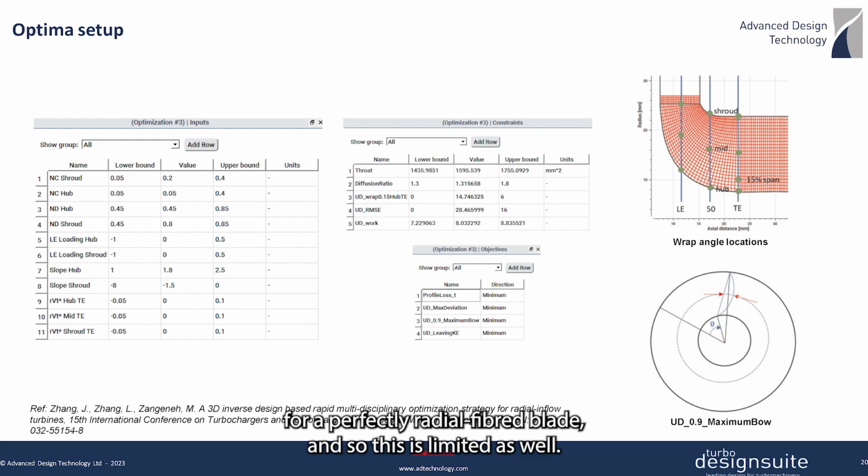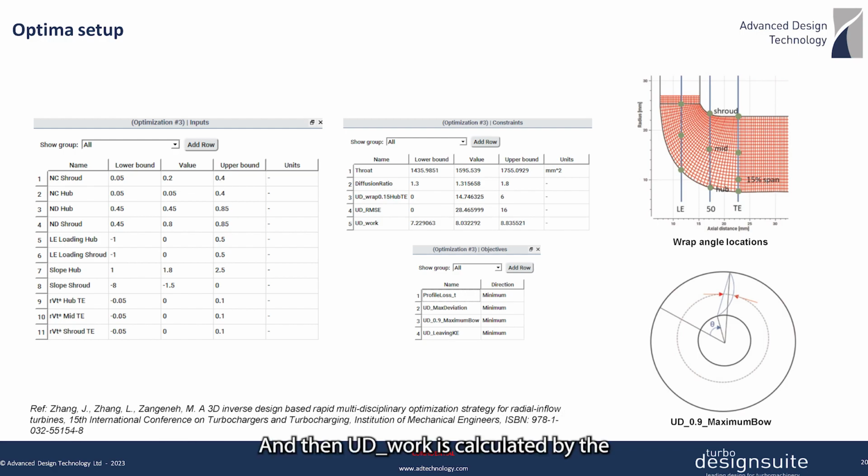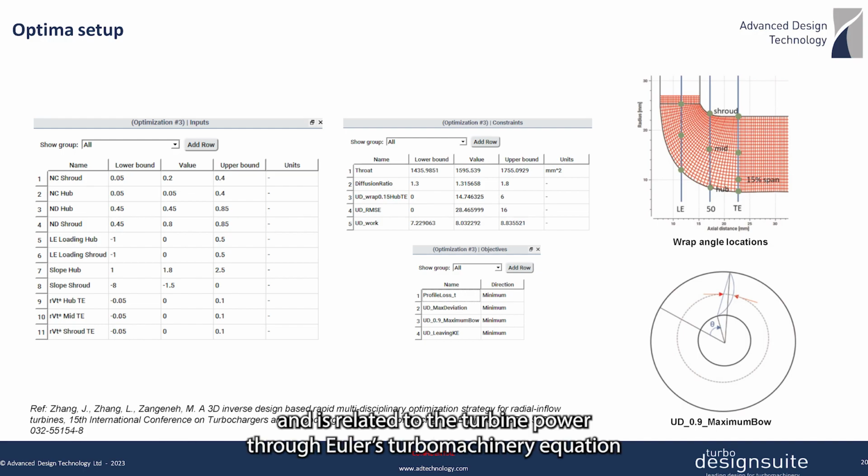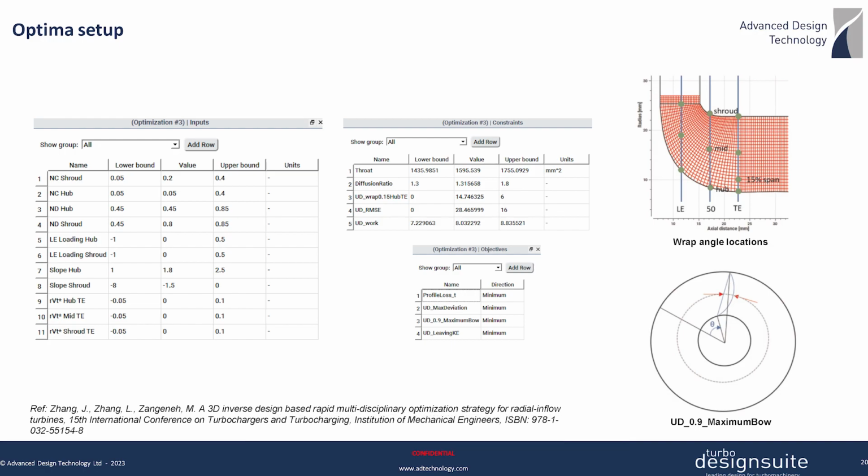And so this is limited as well. And then this UD work is calculated by the volume flow averaged RV theta variation between the leading and trailing edges, and is related to the turbine power through Euler turbomachinery equation, and needs to be constrained also.